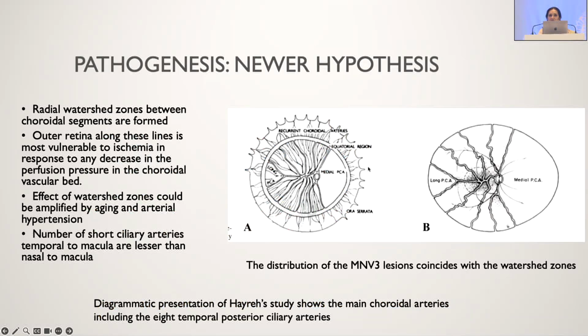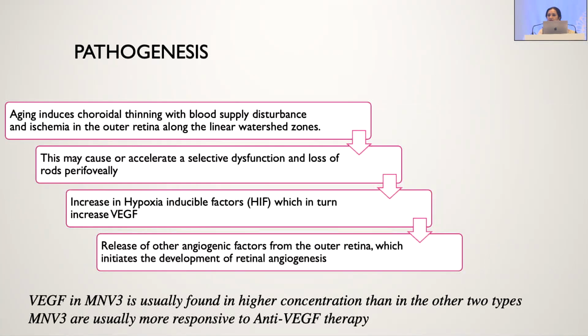And the hypothesis for this kind of retinal neovascularization is also understood from the imaging modalities, and which is that we know now that these are the short ciliary processes which intersect at the macula and cause an ischemic area there. And because of this ischemic area, which is more so present temporal to the fovea, there is a watershed zone, and this ischemia is responsible for retinal neovascularization, which sets in leading to type 3 MNV.